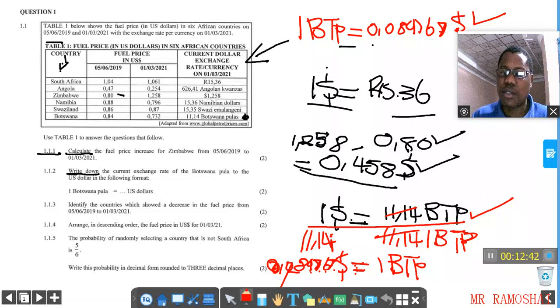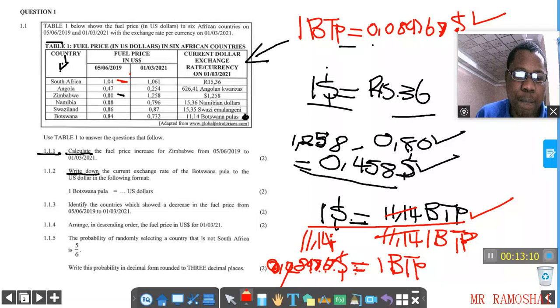So we're going to look for countries, not just one country, that showed a decrease in the fuel price. If we look at South Africa as our first country, it was 1,04, now it has increased to 1,061, so it didn't decrease, so we cannot talk about South Africa.